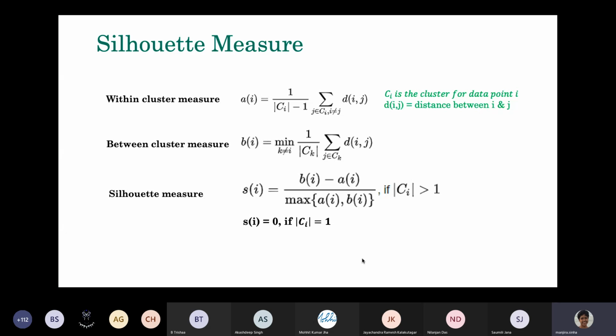What you are saying is very correct, it should be 1, but it is a defined criterion that if the size of Ci becomes 1, then Si will be 0. Otherwise you would not be able to come up with this equation, because it would become undefined, a division by 0.